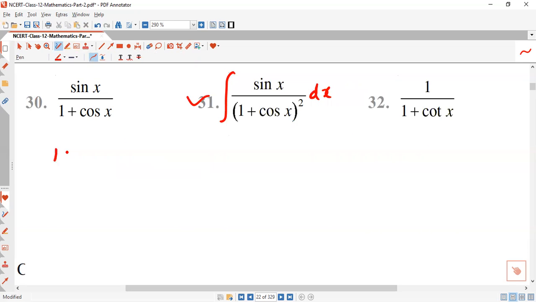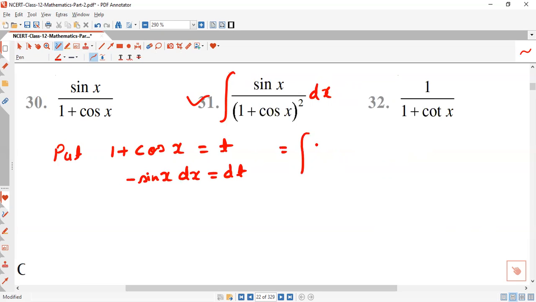Put 1 plus cos x equal to t. So minus sin x dx equal to dt. Put the value here. This integration becomes minus dt divided by t square.